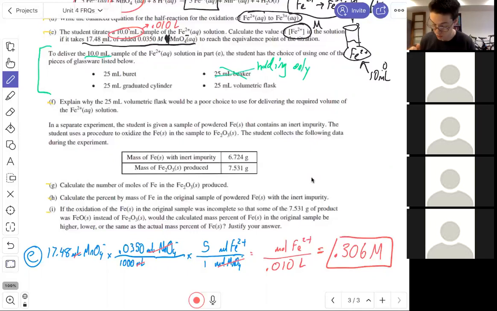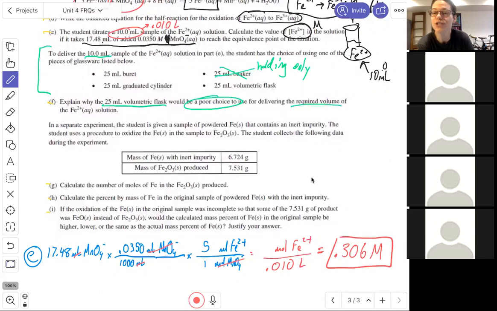So the question says, explain why the 25 milliliter volumetric flask would be a poor choice for delivering the required volume of the iron 2+ solution. And they did specify that word required.